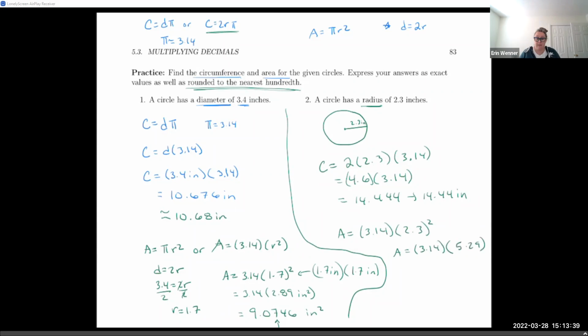Then we need to multiply 5.29 by 3.14, which gives us 16.6106. Again, rounding to the nearest hundredth is going to give us 16.61 inches squared. Because again, area is units squared.